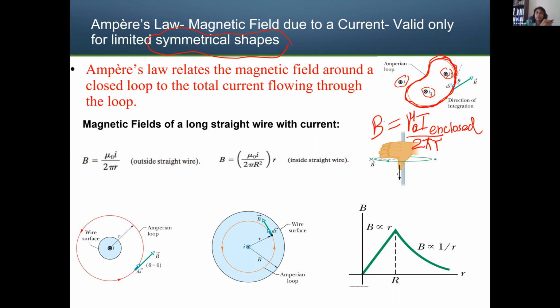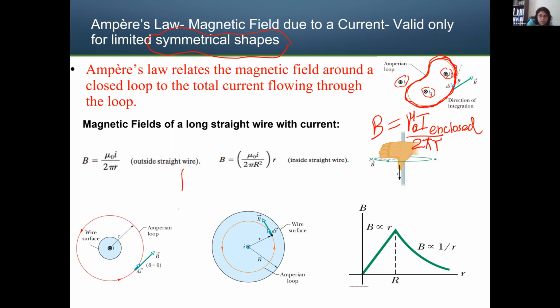So now, a simple example: if I have a current and I choose my point of interest here, I make the Ampere loop exactly a circle that goes outside of this wire. That means I can calculate the magnetic field at exactly the same distance in different places, right?